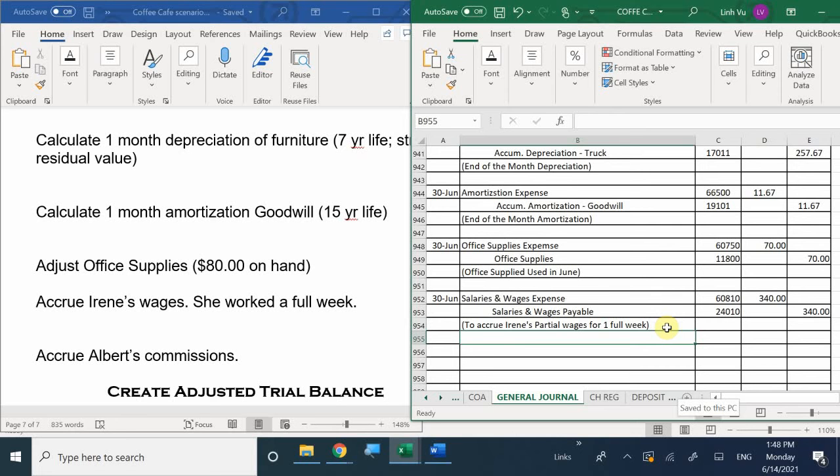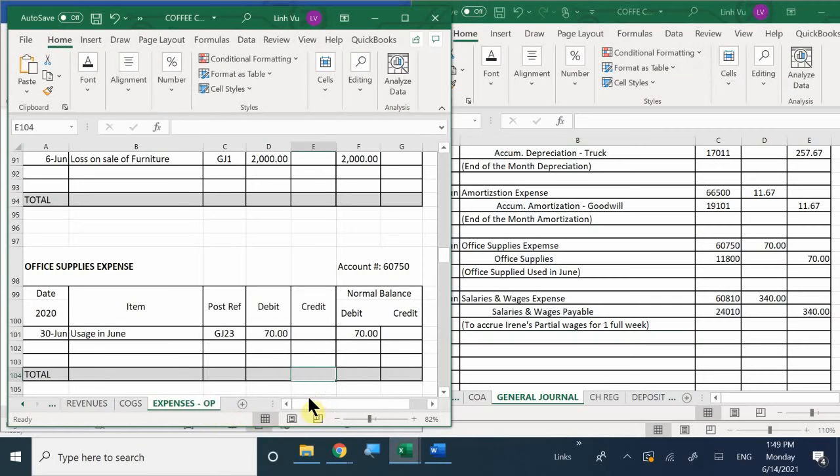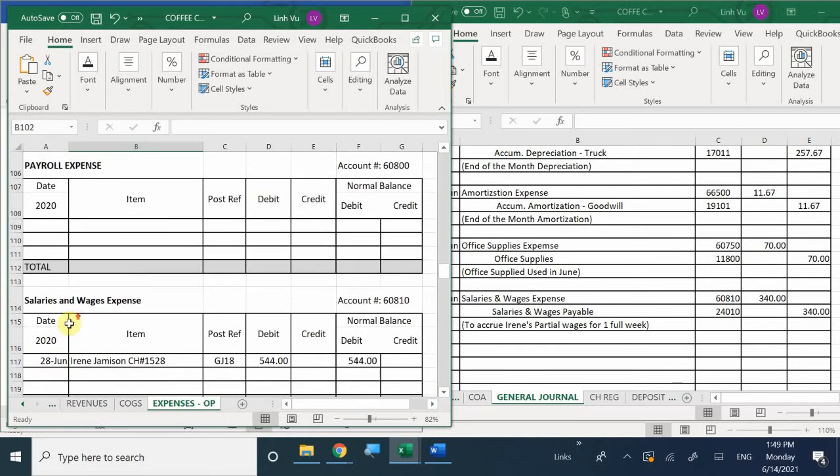And then to the ledger. Okay, to the ledger, good. Salary and wages expenses. So that should be right here. $630.